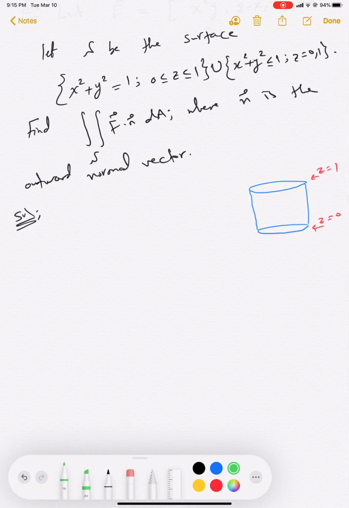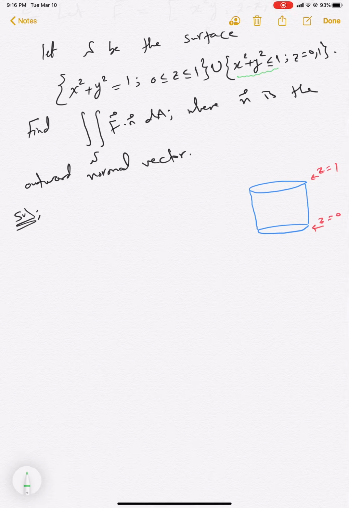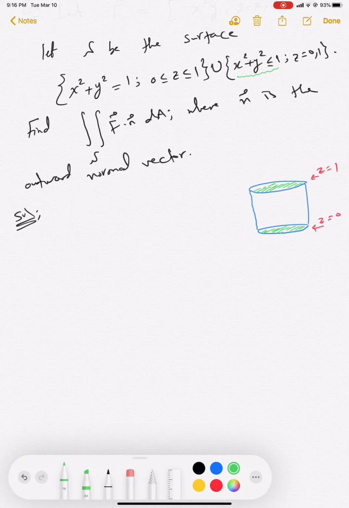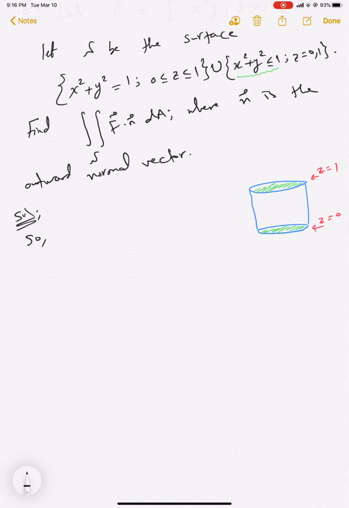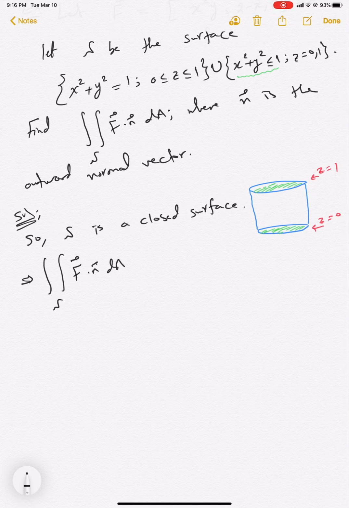Then we make a union with x squared plus y squared less than or equal to 1. Now what is this? This is the disk at the 0 level and at the 1 level. So basically, in this example, S is a closed surface. If it's a closed surface, that means we can apply the divergence theorem.